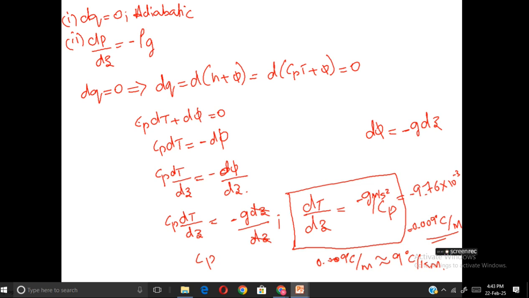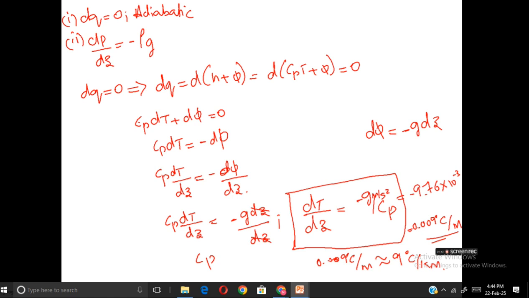First, we learned what is virtual temperature, which is basically the temperature that a dry air parcel would have if it has the same density as that of a moist air parcel. And we derived the equation Tv is equal to T into 1 plus e by p into 1 minus epsilon.